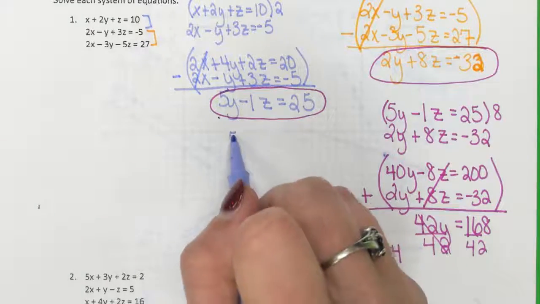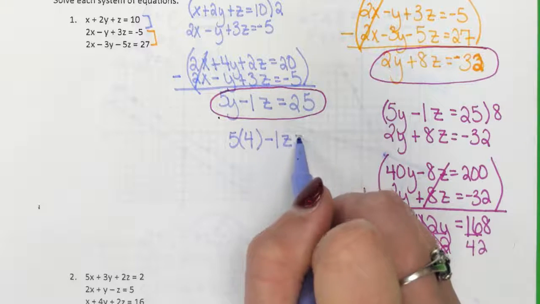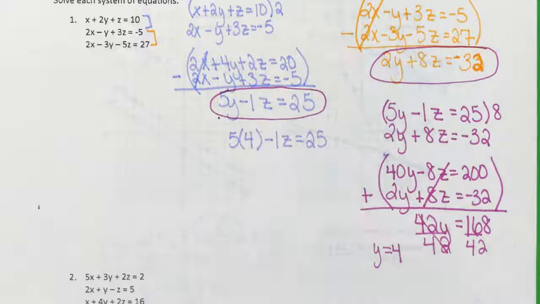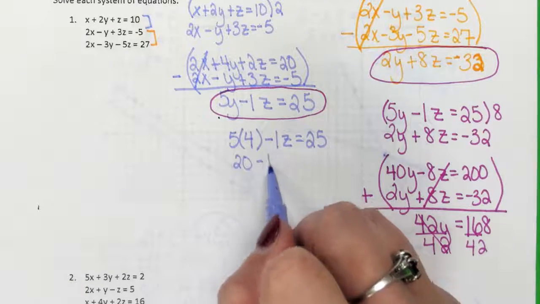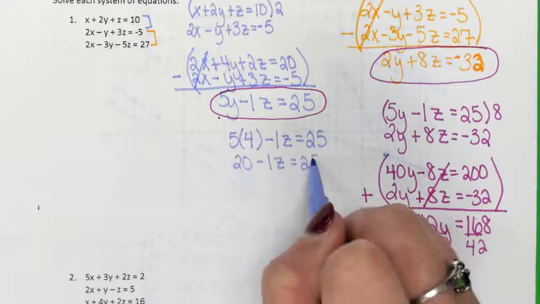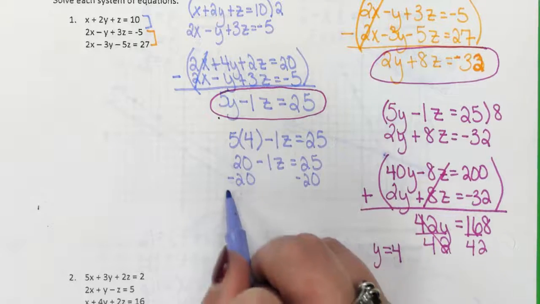So we have 5 times y, which is 4, minus 1z is equal to 25. And now we can figure out what z is. Yep. Yeah. Is 5. Yep.